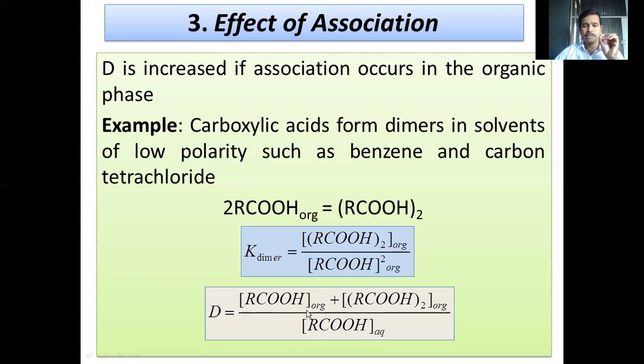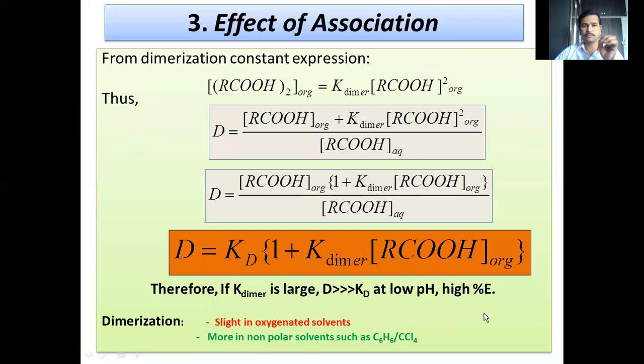So the D value will be the ratio of the concentration of the carboxylic acid plus the concentration of the dimer in the organic phase divided by the concentration of undissociated carboxylic acid in the aqueous phase. The whole carboxylic acid present in the aqueous layer is in the undissociated state, no problem. So D reflects the total concentration of the carboxylic acid, irrespective of its state, in both the organic and aqueous phases.